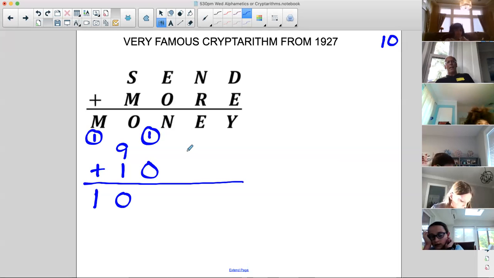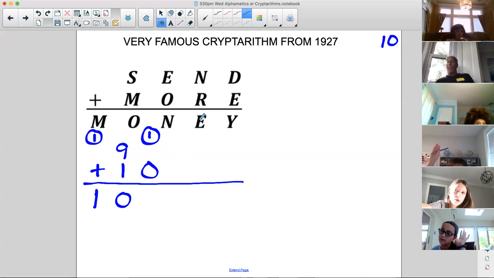That's guaranteed. So we know that N plus R has to be a number in the teens. And therefore, who can tell me the relationship between E and N? E is how much more than N, or N is how much more than E? Who can tell me that one?